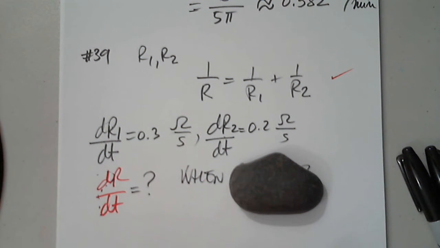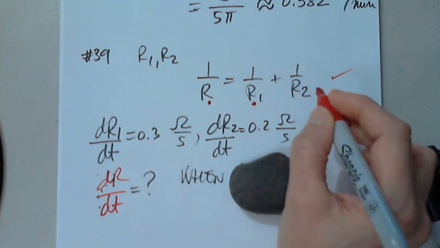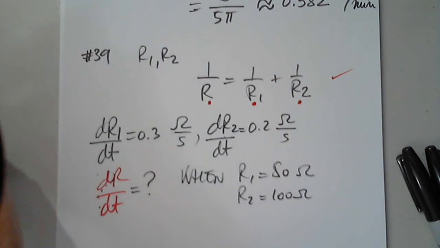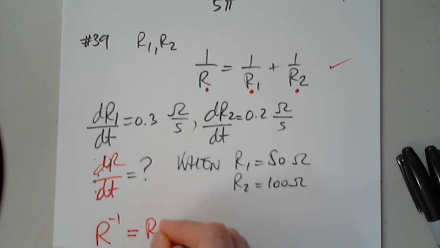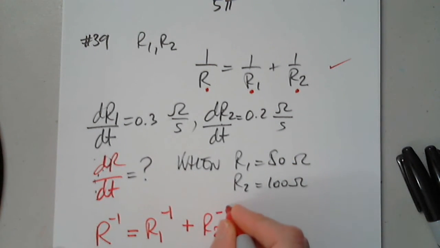All I need to know is that this is a function of time, this is a function of time, and this is a function of time. So I will change this into R to the negative 1, of course. I will change this into R1 to the negative 1, and this into R2 to the negative 1.